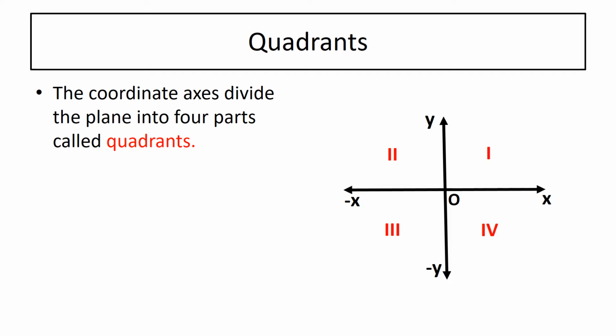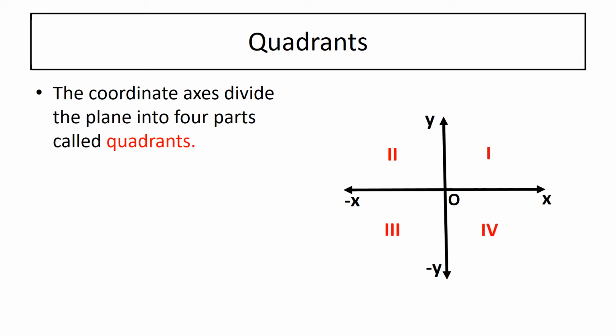Similarly, the y-axis is denoted by y and minus y, where OY is denoting the positive direction of y and O minus y is the negative direction of y.